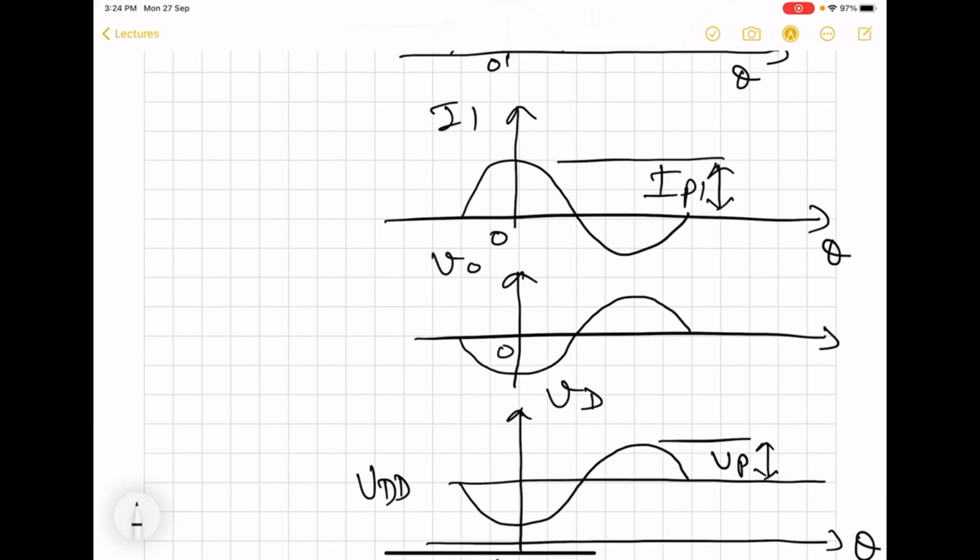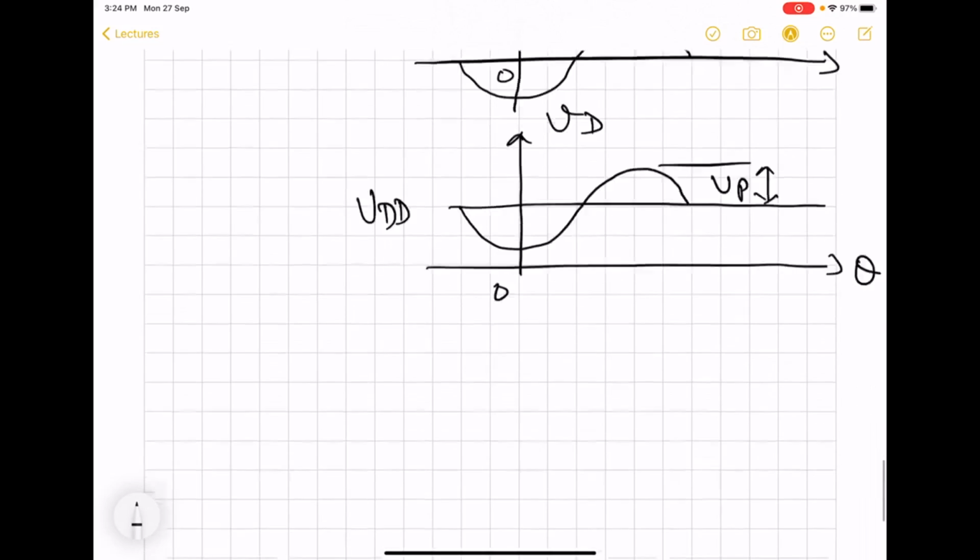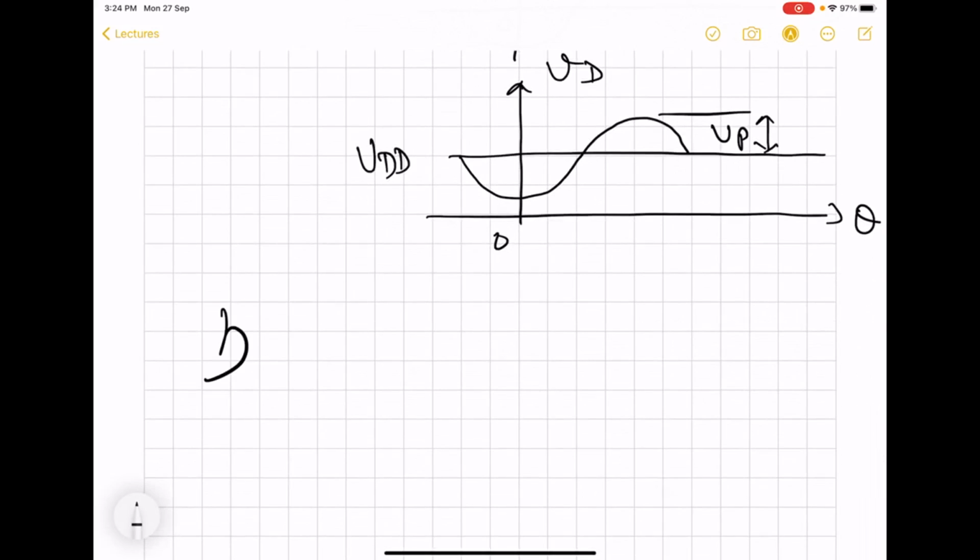Okay, so from here, now we can find out what will be the efficiency for this case. So this is going to be the P load and PDC.